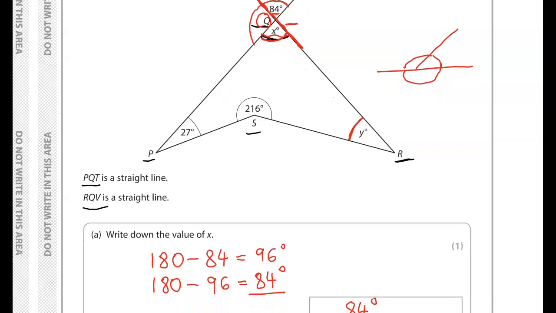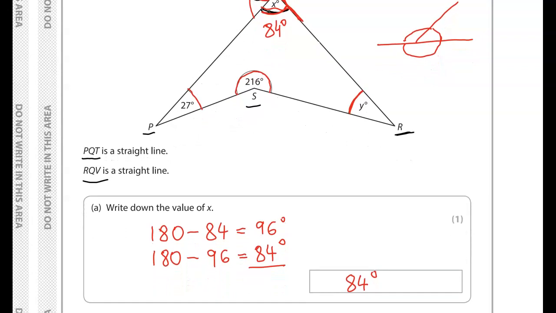We know that x is 84 degrees. We know this angle here, which is equal to 27. Then we have this one, which is 216. And if we add all these three together and take the answer away from 360, it should give us y.